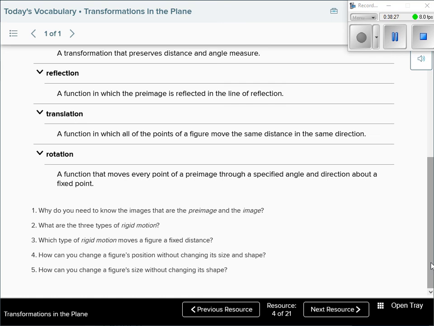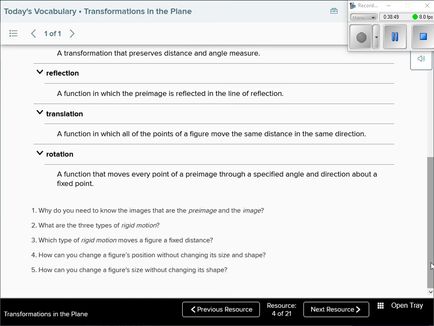What are the three types of rigid motions? What were the three things that we just talked about? Reflection, translation, rotation. Alright? A flip, slide, and a turn. Which type of rigid motion moves a figure a fixed distance?